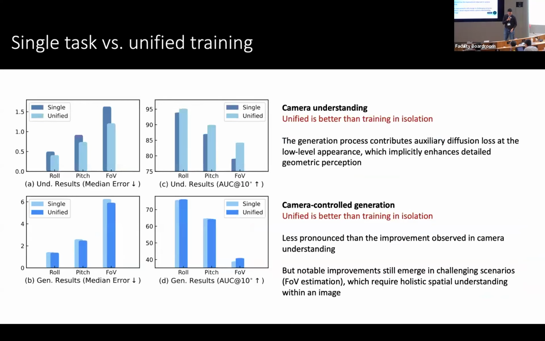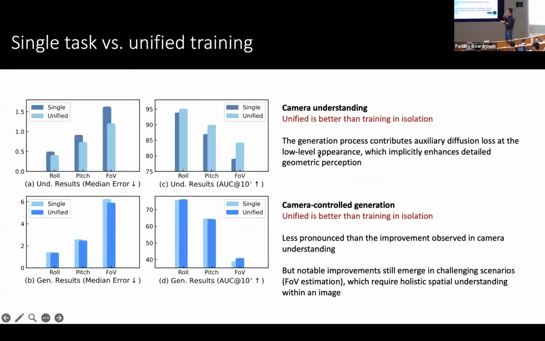I think a common question is single task versus unified training. When we train both generation and understanding together, did we observe any benefit from unified training? In our problem, we did observe some improvement in both tasks.